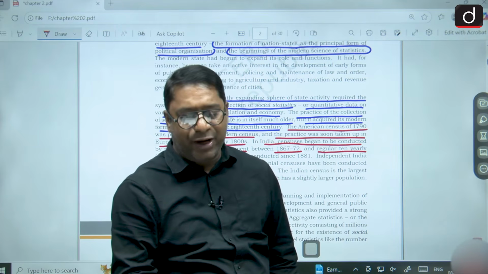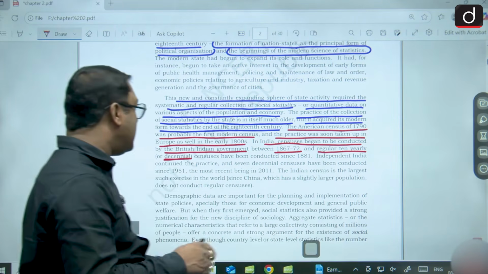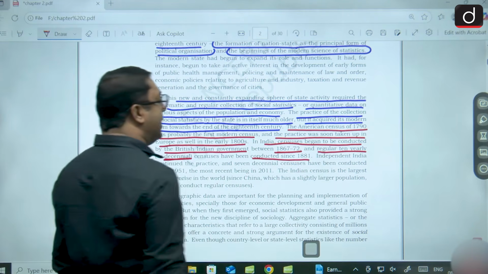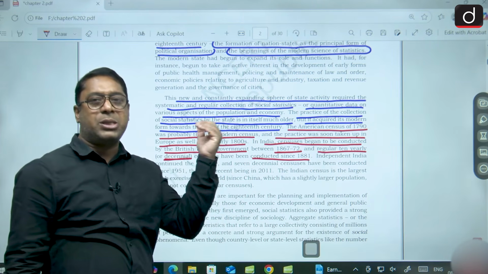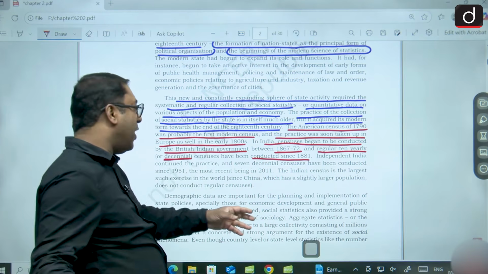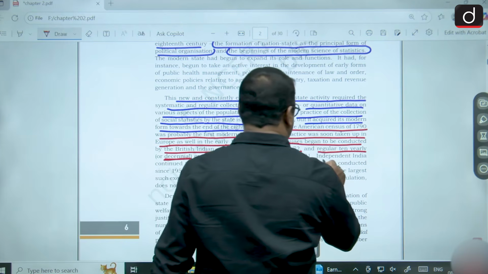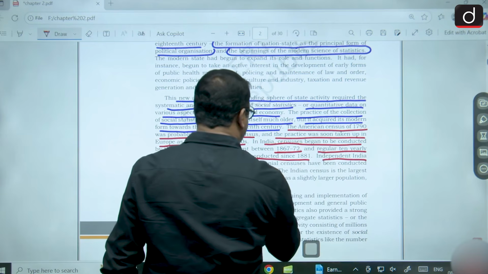So after every 10 years in India, the census is conducted, that is decennial, and it has been conducted since 1881. One of the systematic ways in which India's first census was conducted was 1881, but before that also it was conducted. And after independence, India has continued the practice until now.